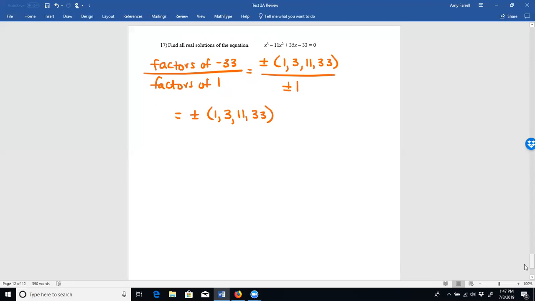Now, just as I did with the last one, I want to find one number that works when plugged into my equation here. Then I'm going to use synthetic division to finish the problem. Okay, so let's see. Sorry, guys.